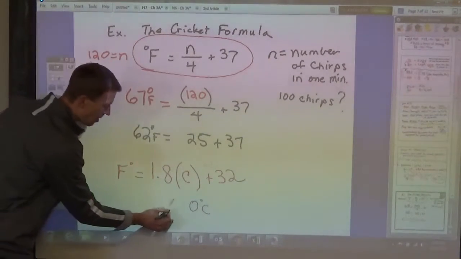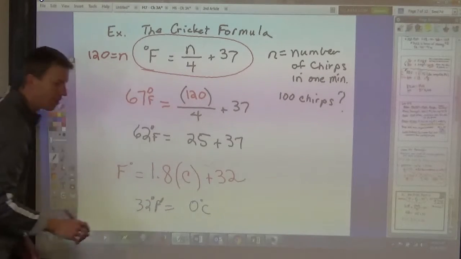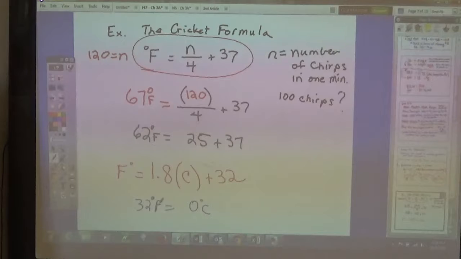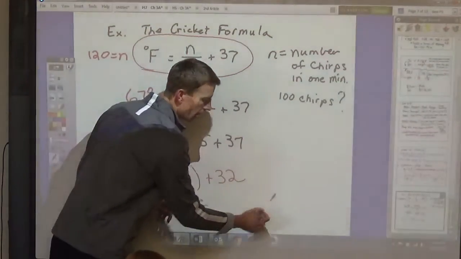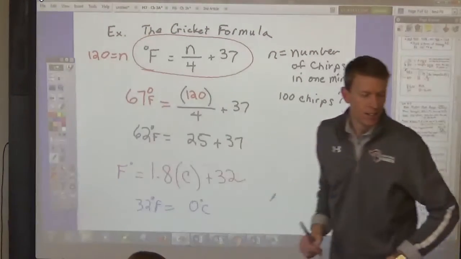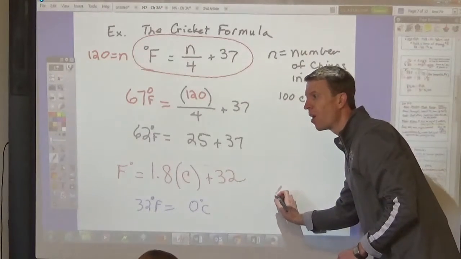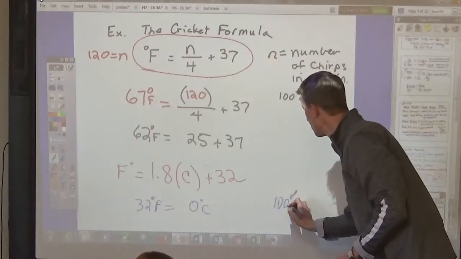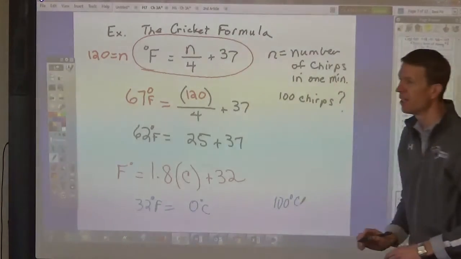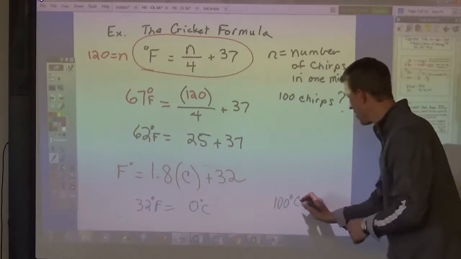32. Right. And it works for the formula. Right? What if it is 100 degrees Celsius? What's that called in science? Isn't that when water boils? Yeah, that's when water boils. So 100 degrees Celsius, do you know what that is in terms of Fahrenheit temperature? 212. Let's check it out.